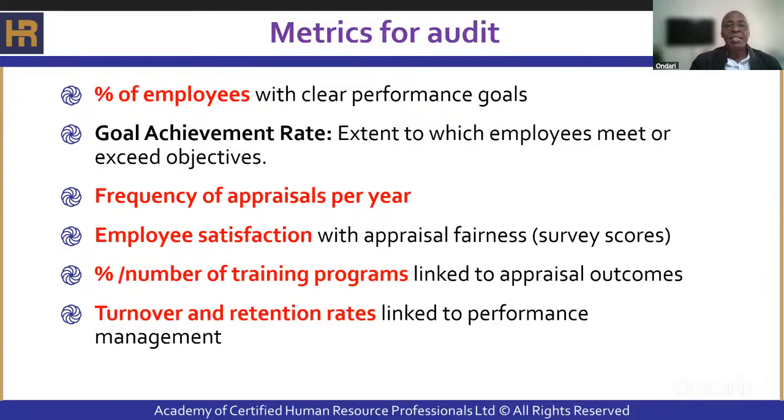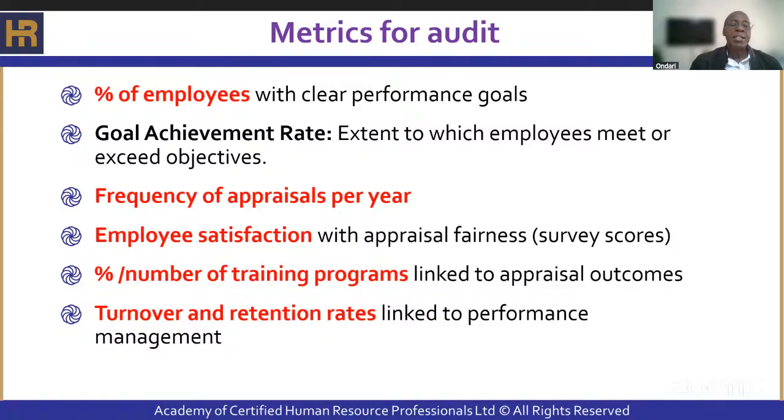What are the metrics for auditing performance? One is the percentage of employees with clear performance goals. And we can do this by interviewing employees or giving them a questionnaire to fill and find out how many of them have their performance goals clearly defined.